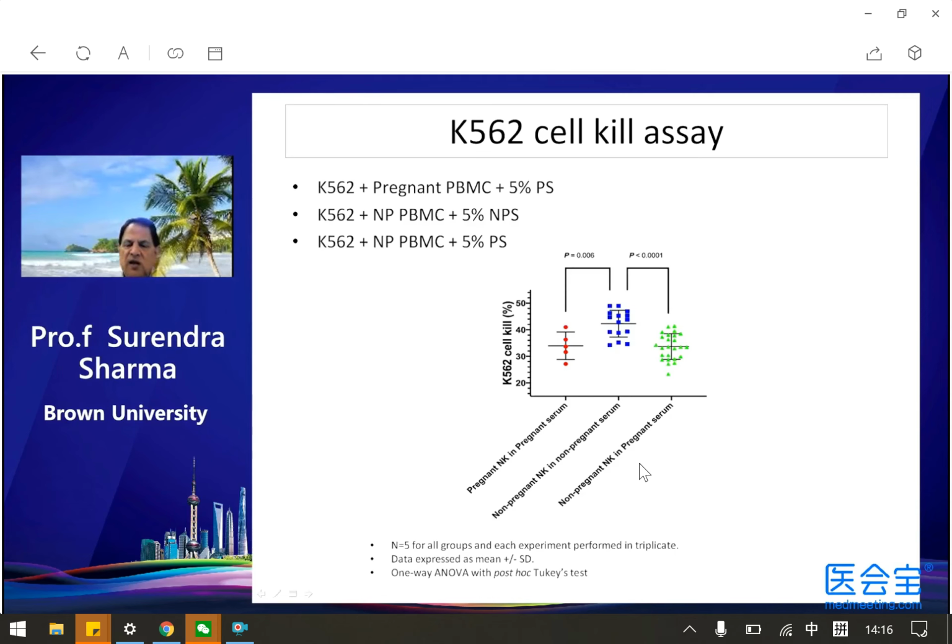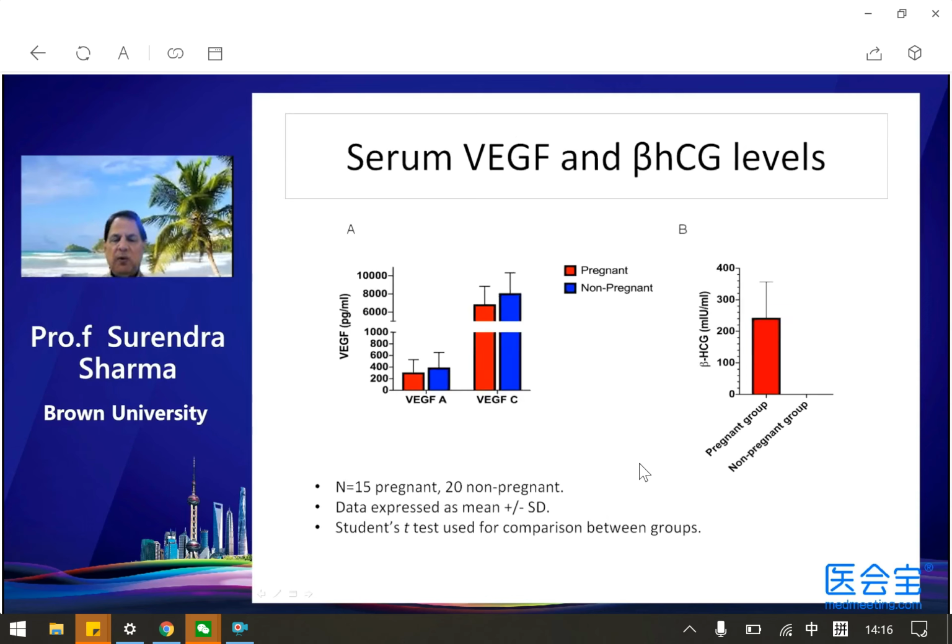And you can inhibit the cytotoxic activity of NK cells from non-pregnant women if you do the experiment in the presence of serum from pregnant women. So the serum from pregnant women contains some factors that are inhibiting the cytotoxic activity of peripheral blood NK cells.